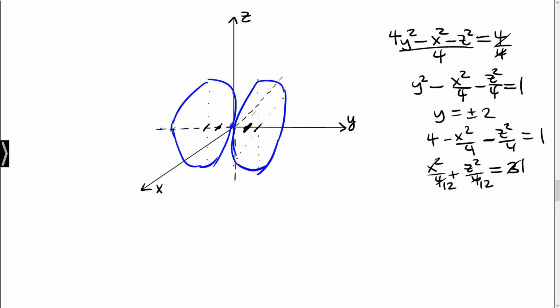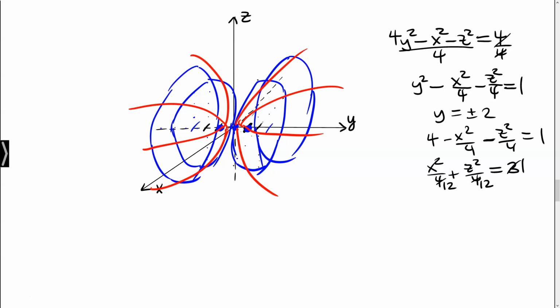So let me draw a couple more of these. You are beginning to see why in multivariable calculus classes, I don't really require anyone to do any graphing on an exam. I've never done that because I don't do it very well myself. So, you know, just try and do the best you can on these.